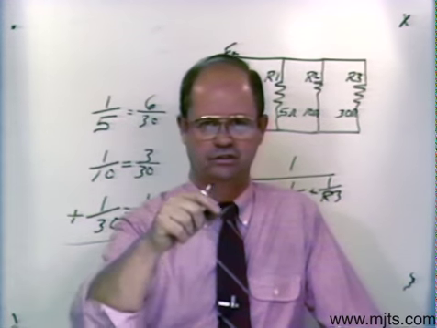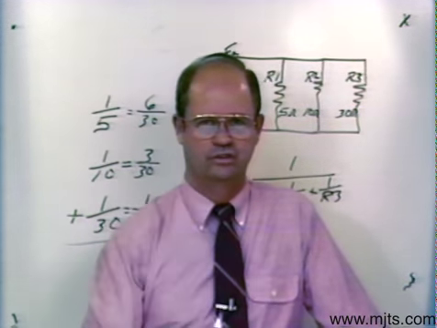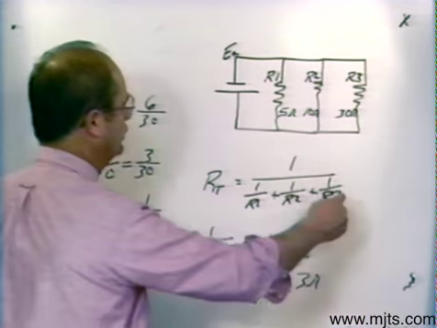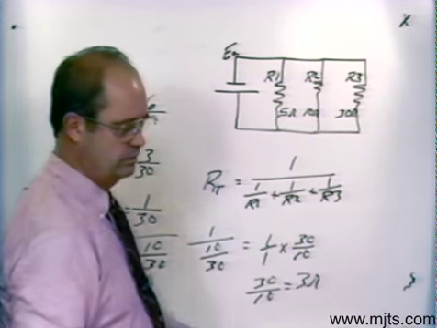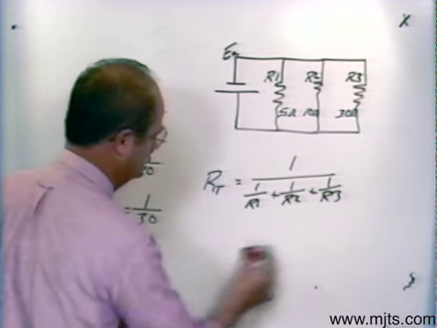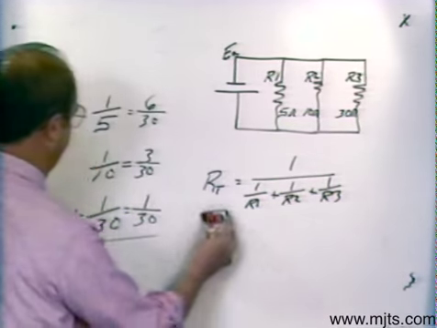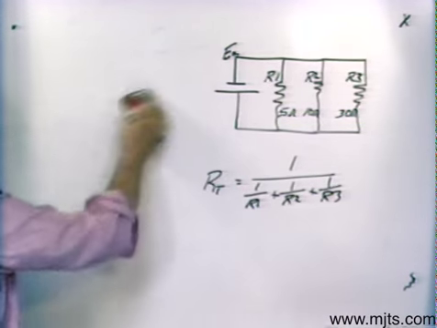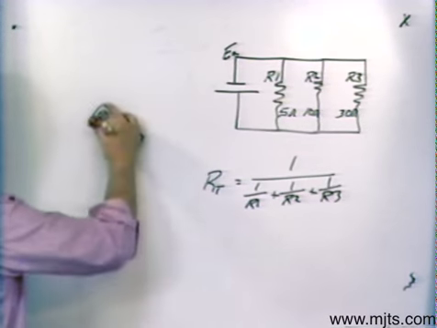So my resistance is lower than the lowest resistor I've got. Now this was the reciprocal method. This is the formula that we would use for the reciprocal method. Now there are times where we might not have to go to all that much trouble to calculate the resistance.